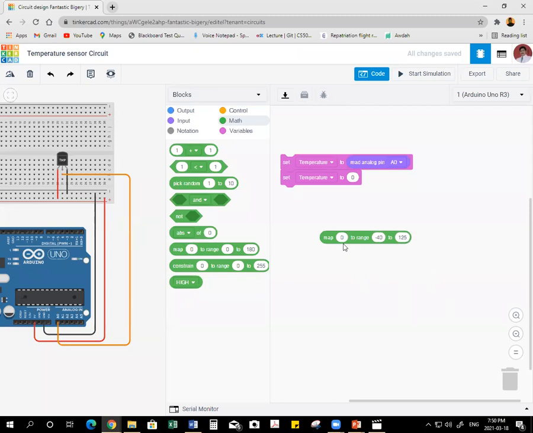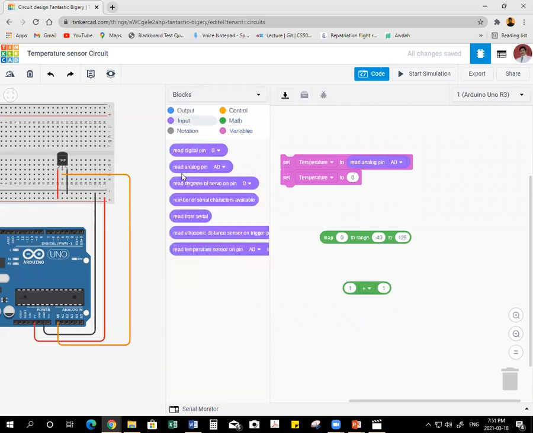Now in this map we have some equations. The equation is this one you can have, and read pin we can have from input. Read analog pin A0 we can put. Now this value should be negated with 20.